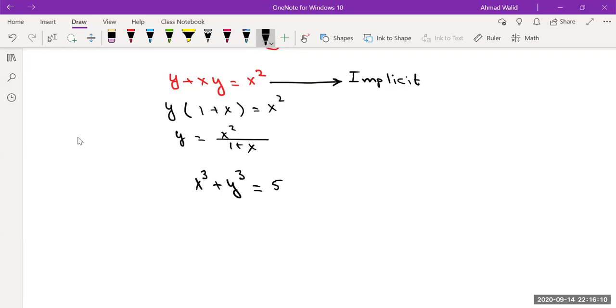Then you have to apply the chain rule. Then you have to apply the quotient rule. Then go on. It gets really difficult to find the derivative of this kind of function, which we call implicit equations, correct?